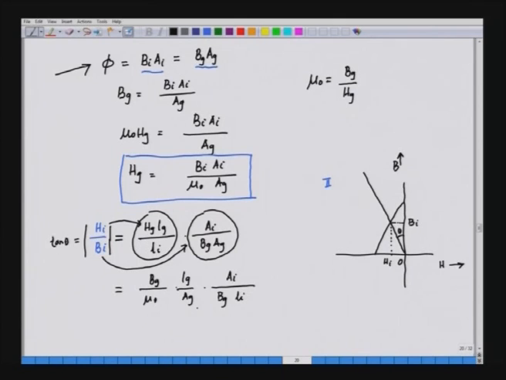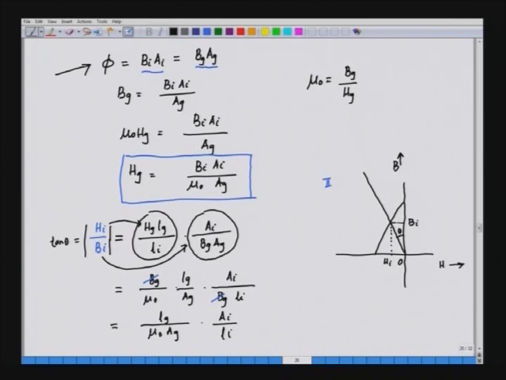So, this above equation can be rewritten in the following fashion. The right hand side, Bg by mu naught into Lg by Ag into Ai by Bg into Li. Now, this Bg and Bg will be cancelled. So, ultimately what we have is the following, that is equal to Lg by mu naught Ag into Ai by Li.